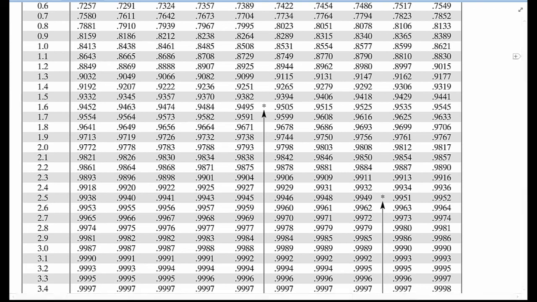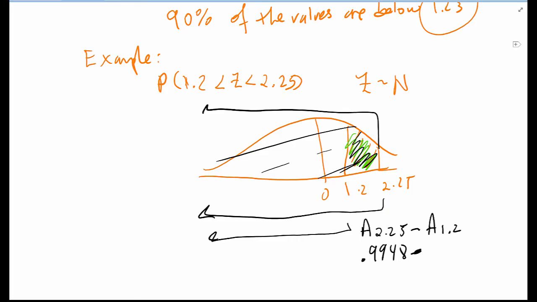It's 98.78. So the earlier value was wrong. 98.78, almost 99% of the data.